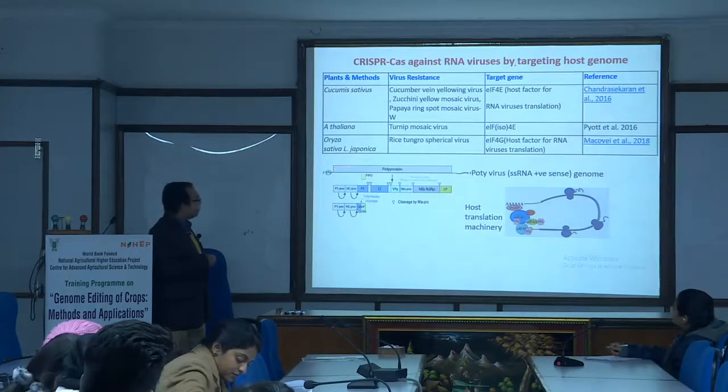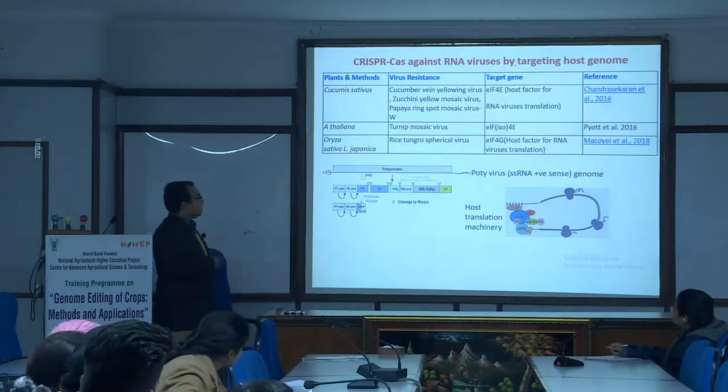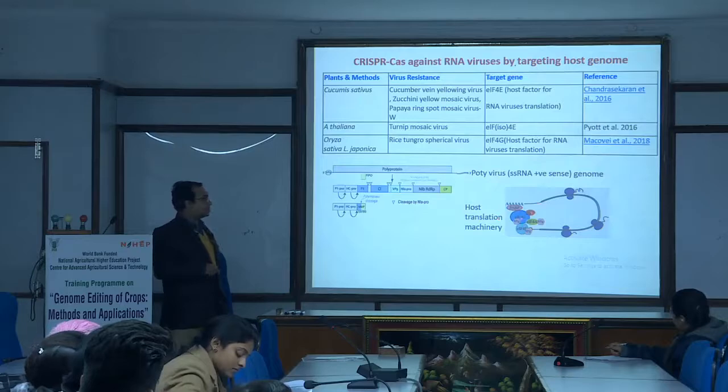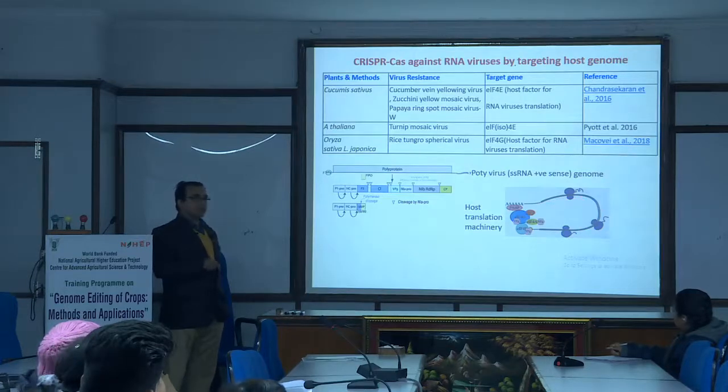So it is not only an RNA molecule, it is also attached to a protein called viral genome linked protein, VPg. This VPg protein interacts with the host translational machinery, which has a different protein complex. The VPg protein interacts with EIF4E and brings the viral RNA to the host translational machinery, and then only the translation of the viral genome takes place.